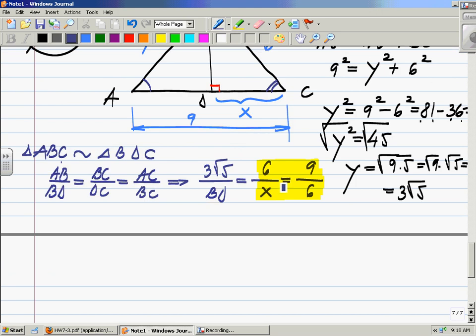Well, x times 9, or 9x, equals the other cross product, 6 times 6, which is 36. Solve for x by dividing both sides by 9. What do you guys find? x equals 4.